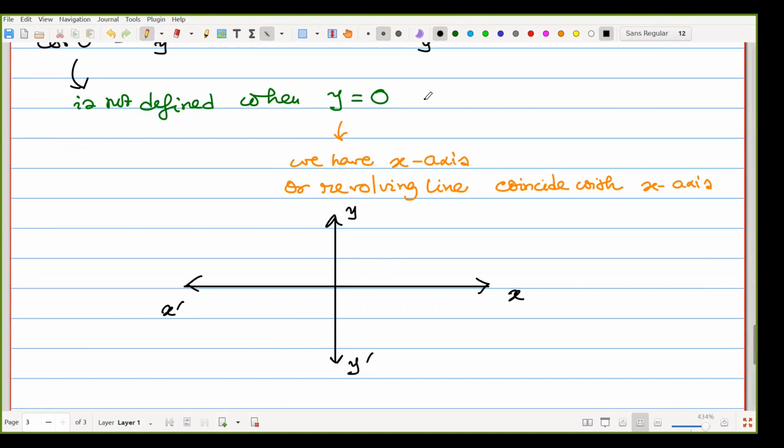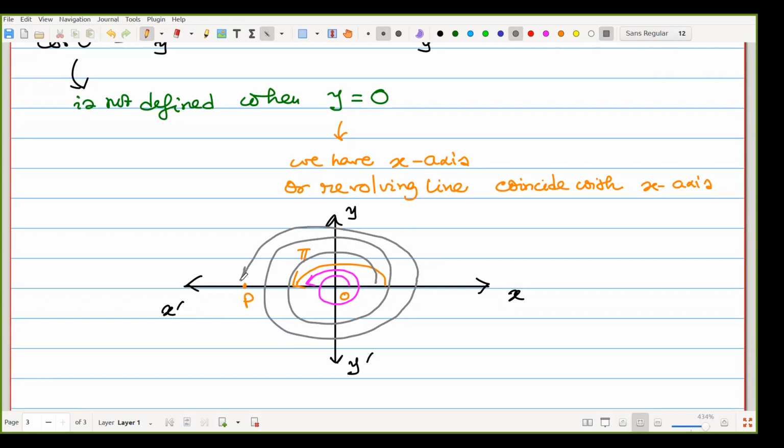When that happens, suppose the first one, the OP, the revolving line is according to here. So the angle we are finding counterclockwise, that is pi, or it may be a complete rotation, then another pi, or it is another one, two complete rotations, first rotation, second rotation, and then another pi.